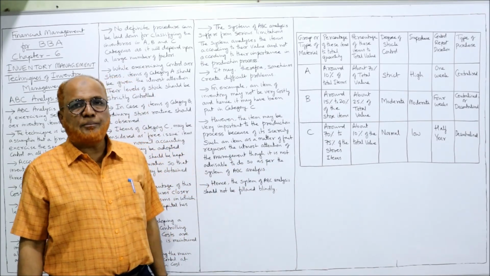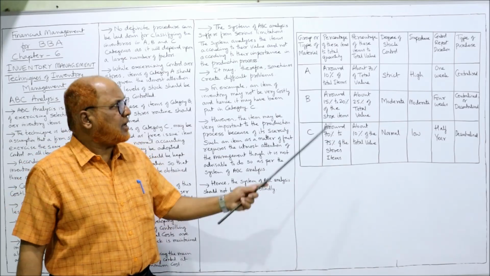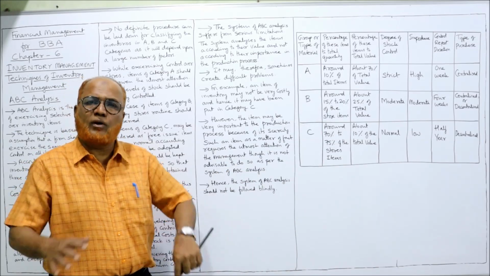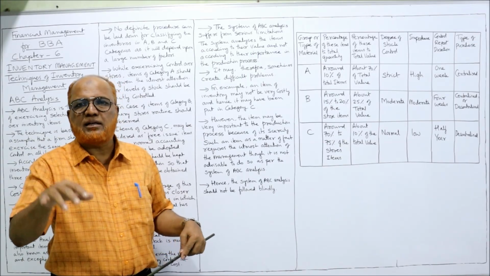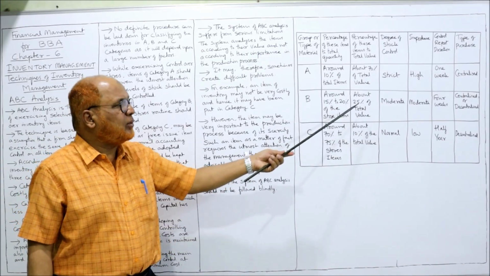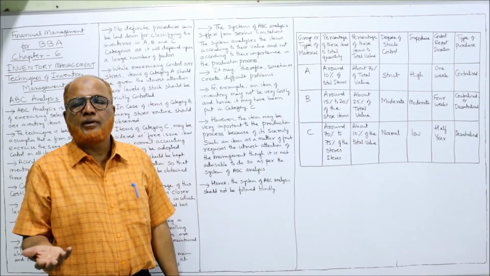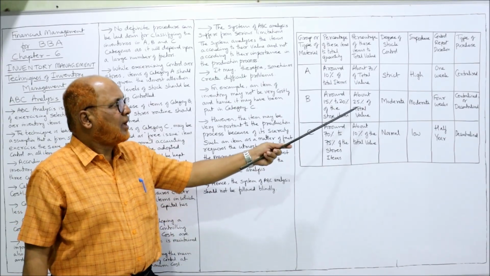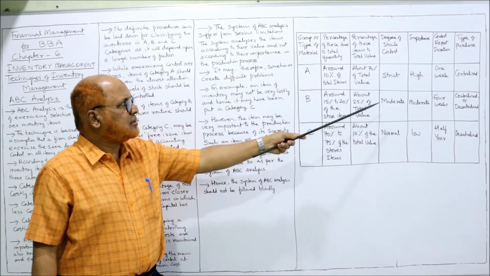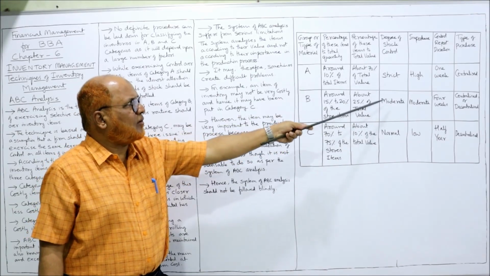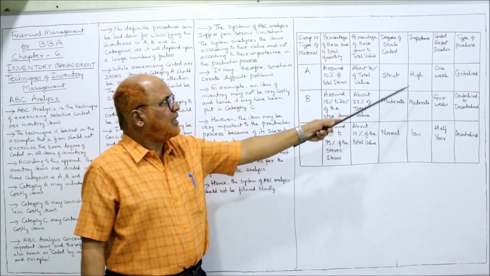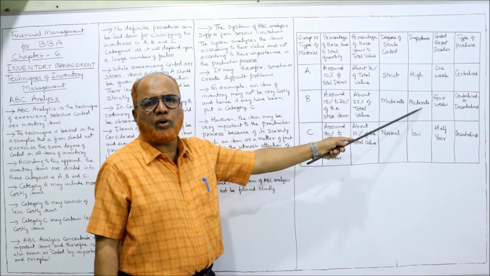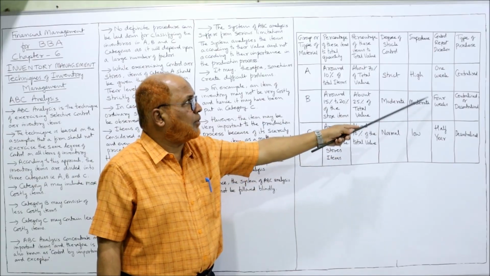Now B category item, the number of items are around 15 to 20% of the total items. 15 to 20% of total items are in B category, but the value is only 25%. 25% is the value. And moderate. The degree of control should be moderate, not so strict just like A. Then importance, moderate importance, not strict importance, high importance.